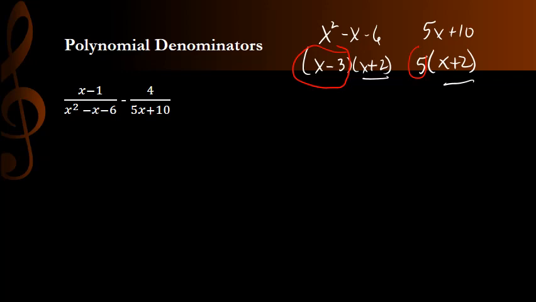All right, so let's work on the left side first. What I'm missing from the left side is the 5. So I've got 5 over 5 times x minus 1 over, and I'm going to use my factored version of x squared minus x minus 6, x minus 3 times x plus 2.